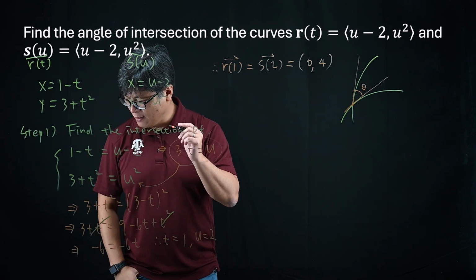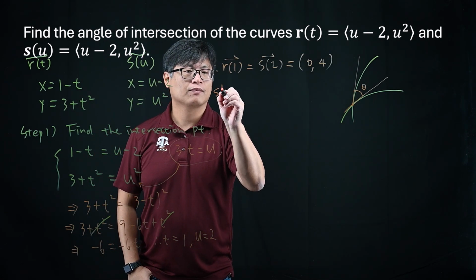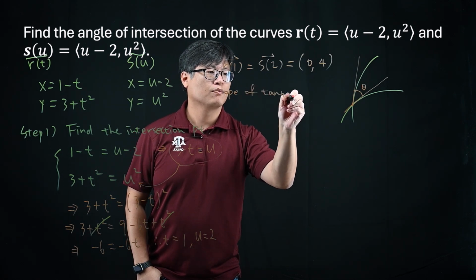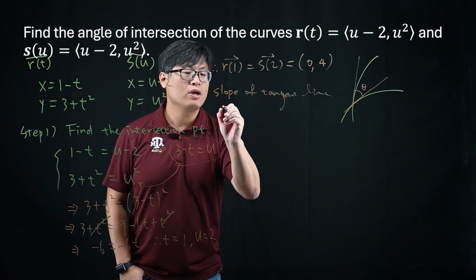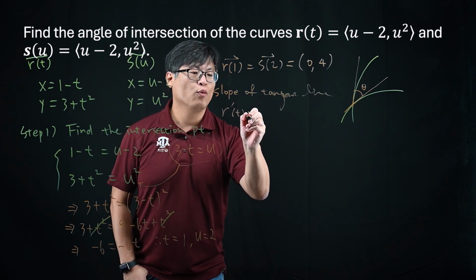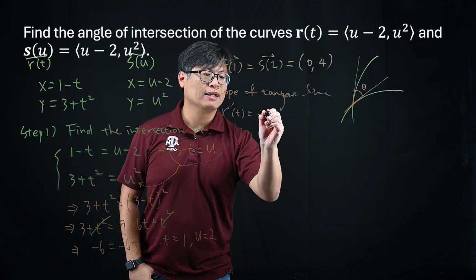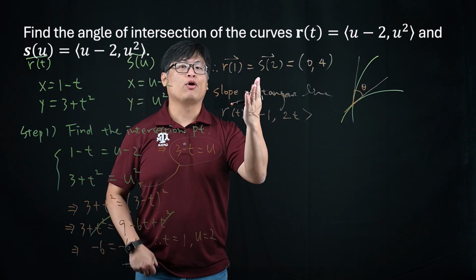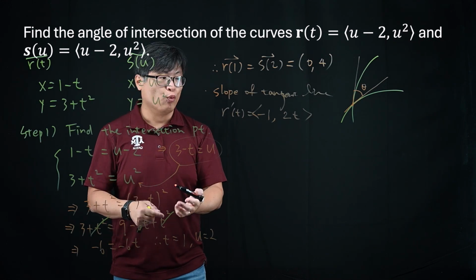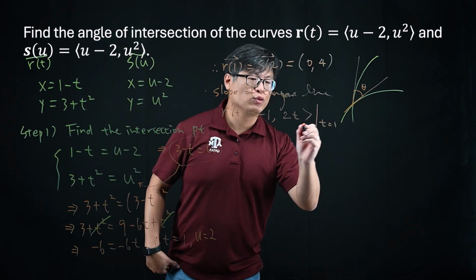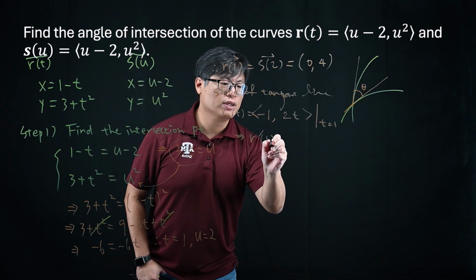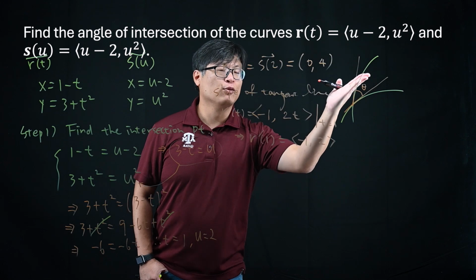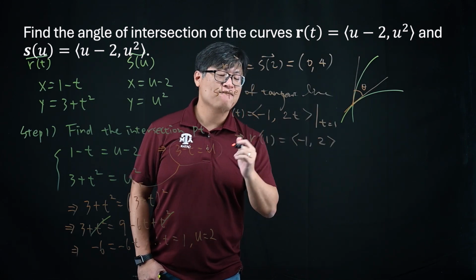First of all, for R, we need R prime with respect to t, which is (minus 1, 2t), right? And we found the corresponding parameter t is 1, so we plug in t equal to 1, then R prime(1) is equal to (minus 1, 2). That is the tangent vector for curve R.